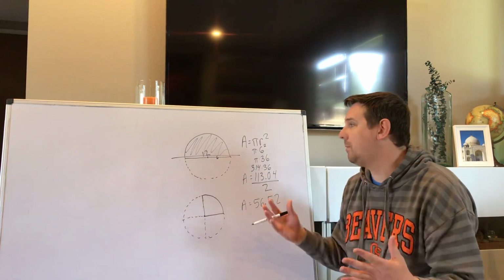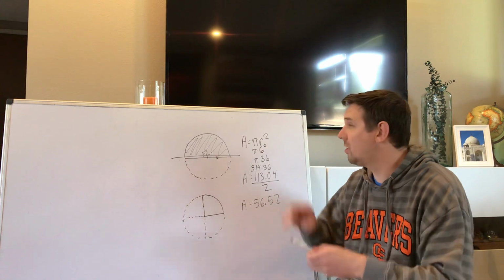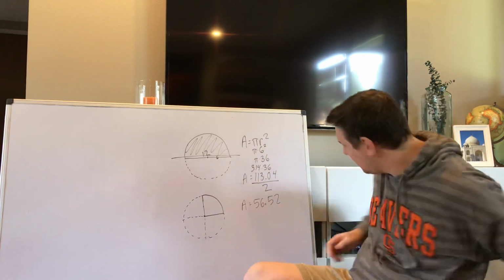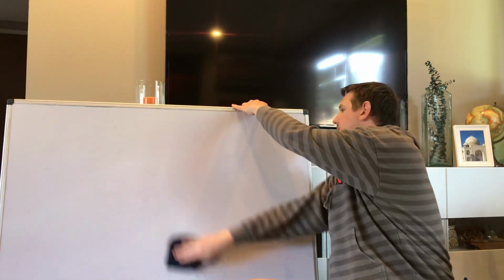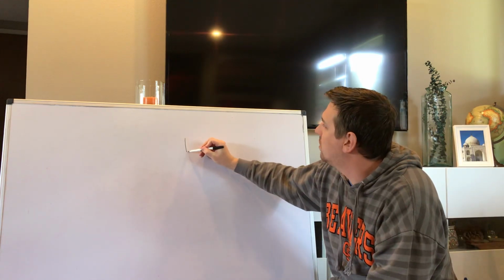Now we're going to do a couple problems where there's multiple shapes going on. It's important that you're chunking it out, piece by piece. All right, quick erase here. All right, let's do something weird looking.